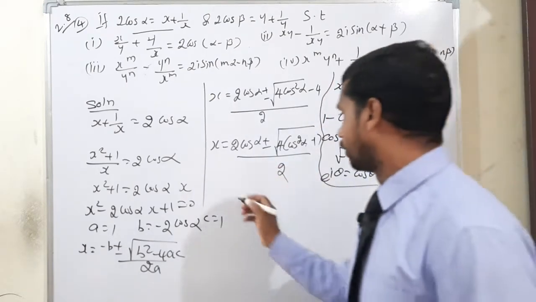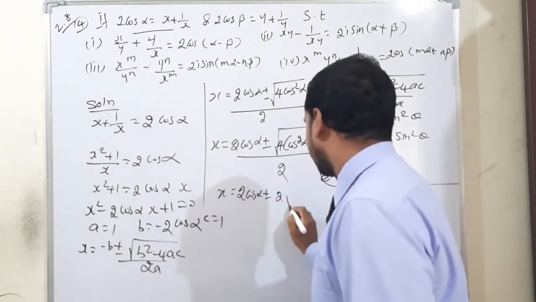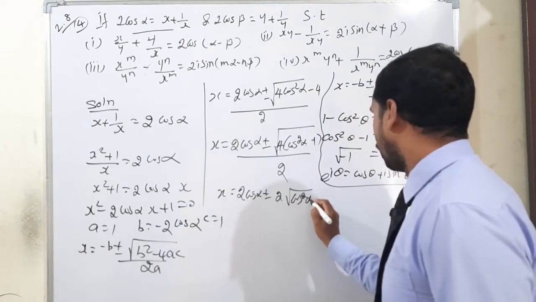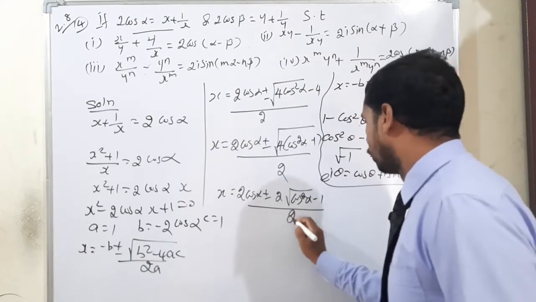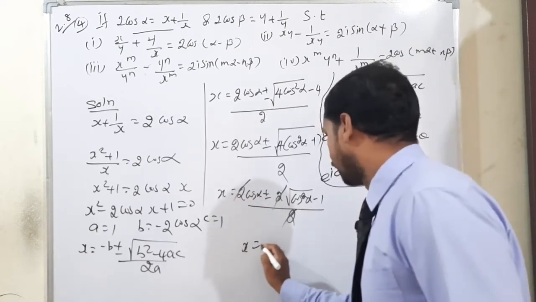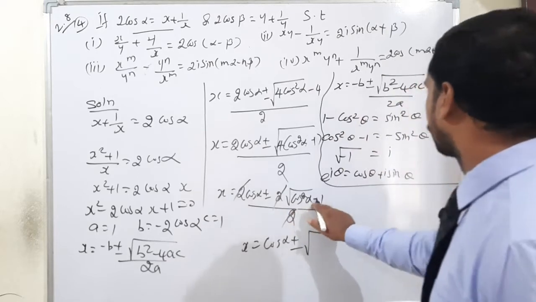So taking 2 common outside, x is equal to 2 cos alpha plus or minus 2 into square root of cos square alpha minus 1, divided by 2. Each and every time 2 is there, no? So the 2 cancels, and x is equal to cos alpha plus or minus square root of cos square alpha minus 1.